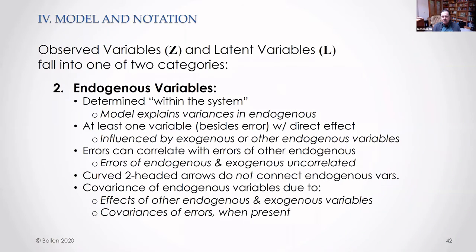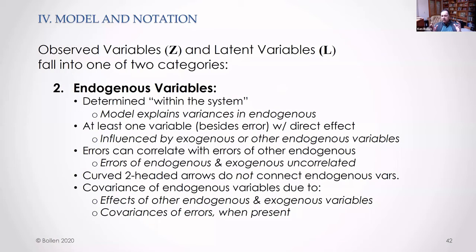But as we'll see in this notation, another very broad class of endogenous variables are measures, indicators of these latent variables. They're endogenous because they're dependent variables. They're dependent variables that often depend on the latent variable. So their explanatory variables are latent variables. So indicators in general will be endogenous variables.